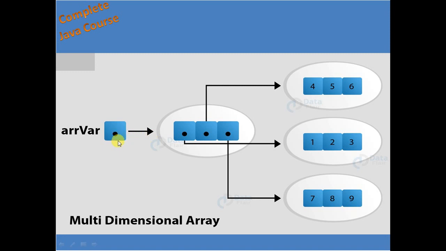This is one reference variable which holds the array's reference, and each element of this array has the reference of another array. Like this is holding the reference of this array, this is holding the reference of this array, and this is holding the reference of this array. So in this way you can define the multi-dimensional array.